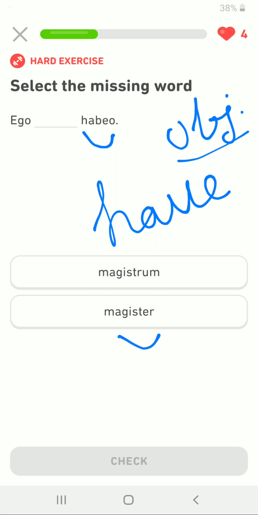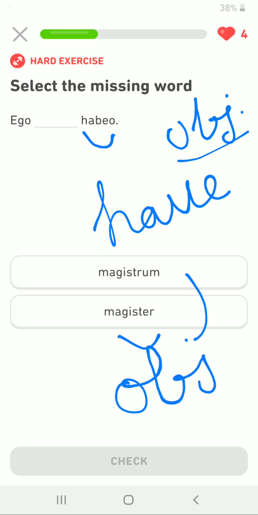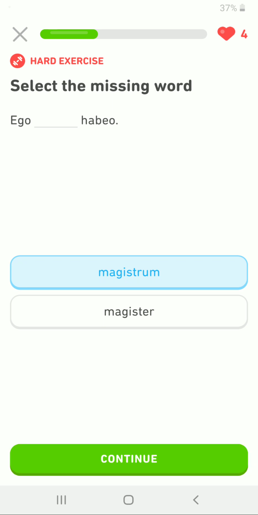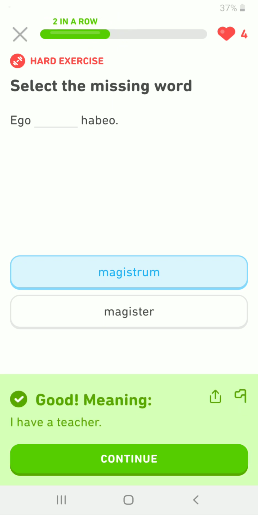But since it is an object, my bad, crazy writing, of course I know. So we have to put it as magistrum. So I have a teacher. Ego magistrum habeo.